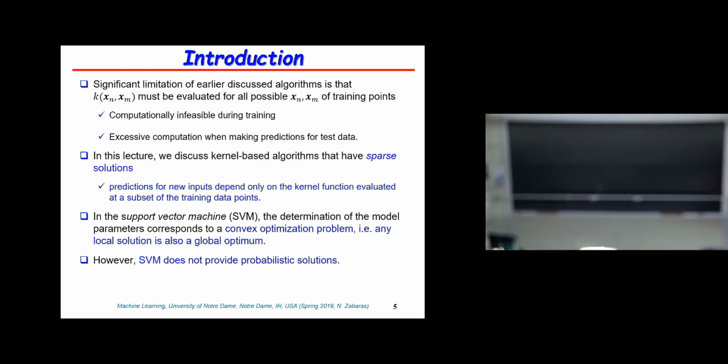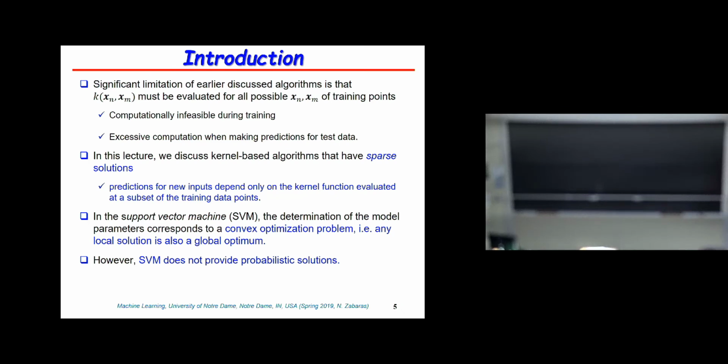Obviously we are exploring this idea of sparsity. We discussed relevance vector machines, and we're going to do the same things with support vector machines. If you think of having a lot of data points xn, and different, let's say, kernels considered for the problem, we would like to have a method that is sparse.